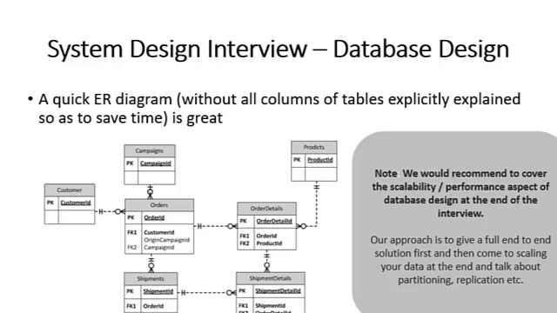So here is an example of an ER diagram for an e-commerce website. If you see here, not all the columns are mentioned, but it contains some key columns. The tables here, 3 tables are important: customers, orders, and order details. The customer table contains a primary key, customer ID, which is shared in the orders.